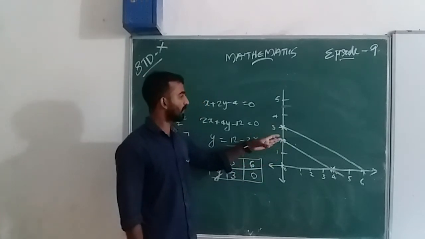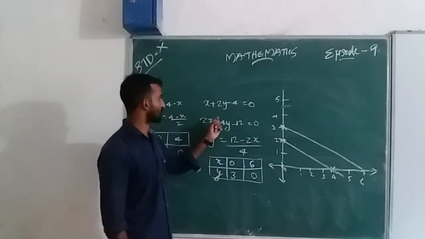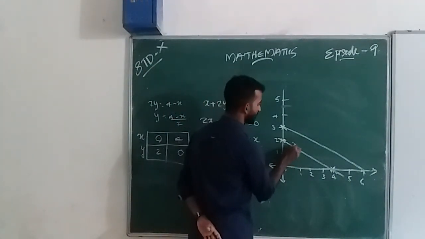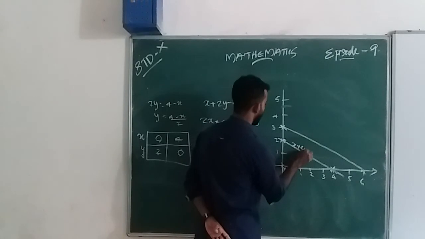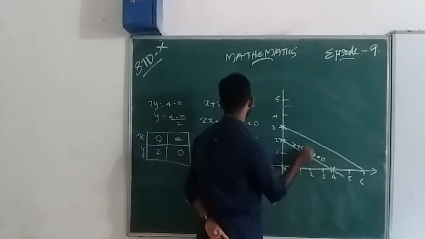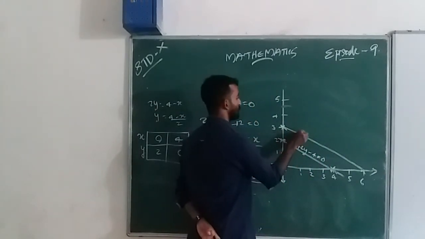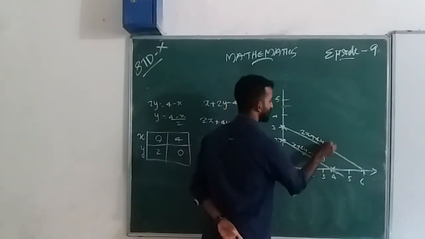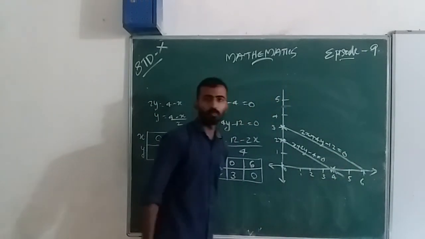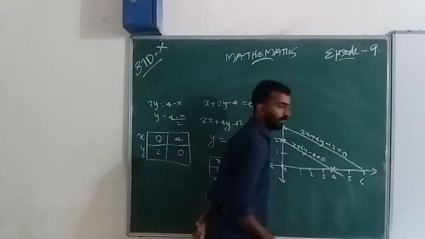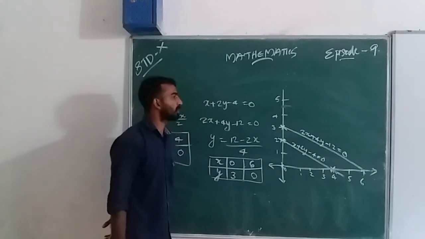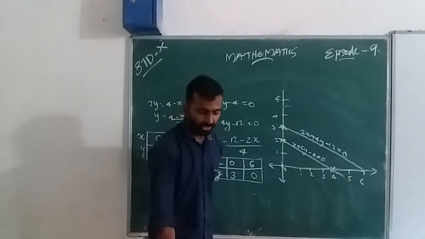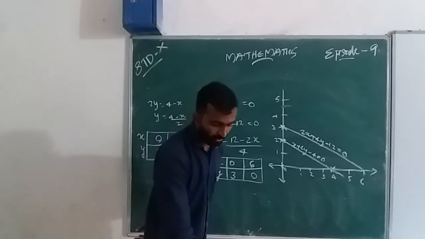This is the geometrical representation of this situation: this is the equation x plus 2y minus 4 equal to 0, and this represents 2x plus 4y minus 12 equal to 0. Can you understand? Any doubt?